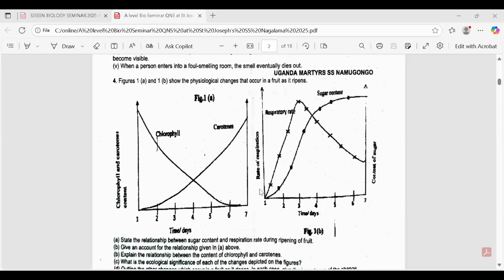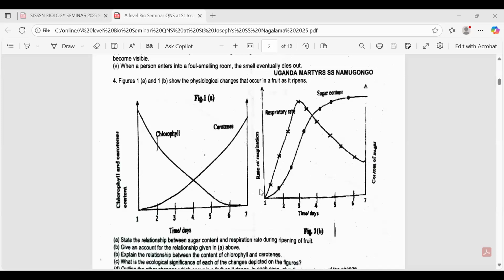Why? Because it was being broken down by some enzymes, leading to the formation of carotenes. The photosynthetic rate was supposed to decrease.